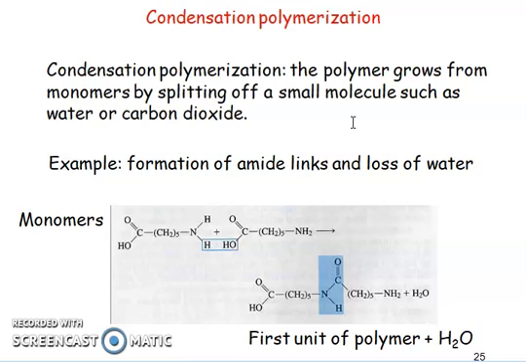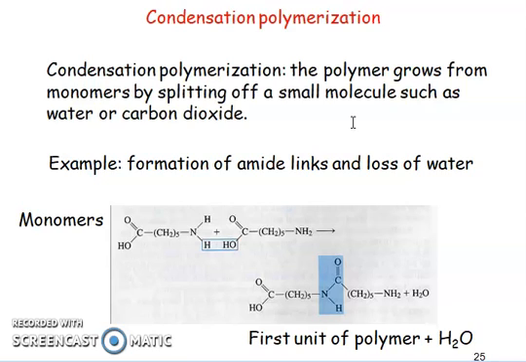This process is called condensation polymerization. The difference between addition polymerization and condensation polymerization is that in addition polymerization, no atoms are lost, but in condensation, a small molecule such as water or carbon dioxide is split out.